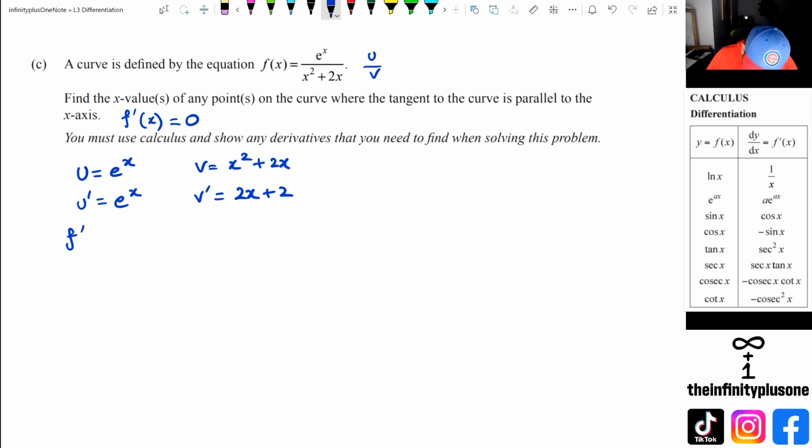So then we can say that f dash of x equals u dash v minus u v dash, divided by v squared. So you're going to get e to the power of x multiplied by x squared plus 2x, minus u, which is e to the power of x. Sorry, that should be a minus.